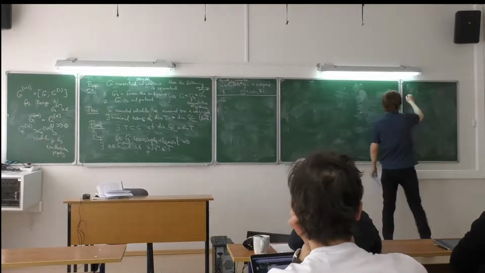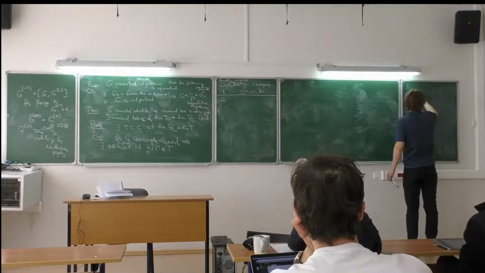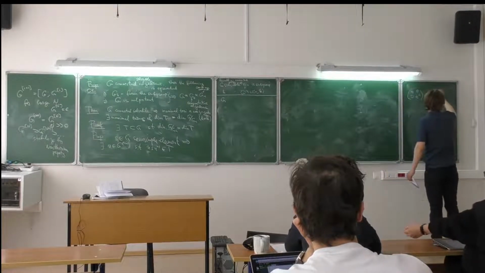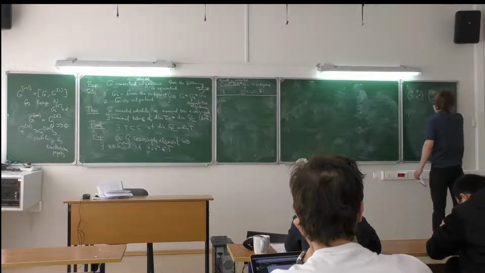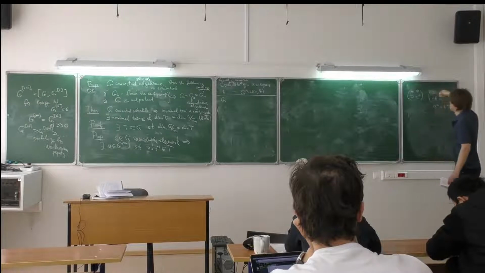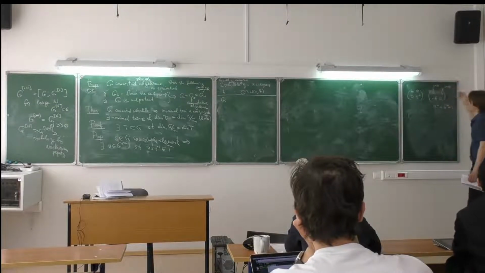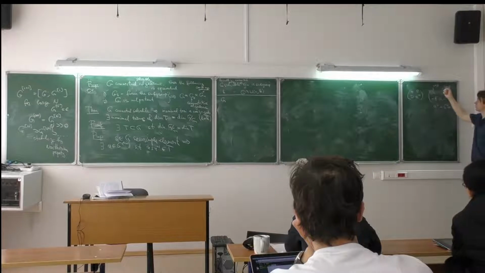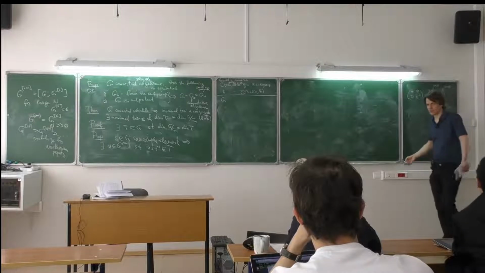Like in SL2 over C there is the torus like this and the torus like (a, b; -b, a), where a squared plus b squared is equal to 1. It is the same as writing cosine phi and sine phi, but in algebraic language this doesn't make sense because these are not algebraic functions.